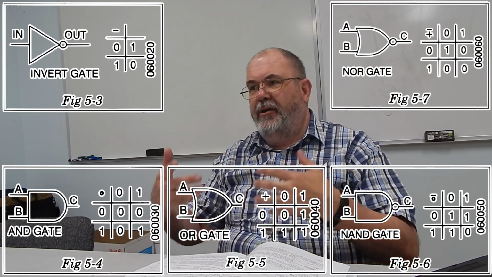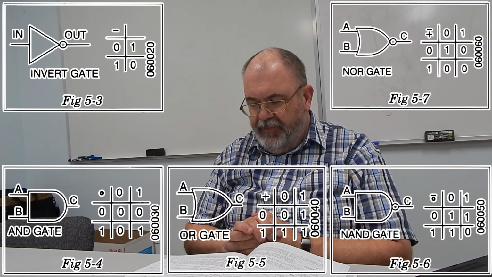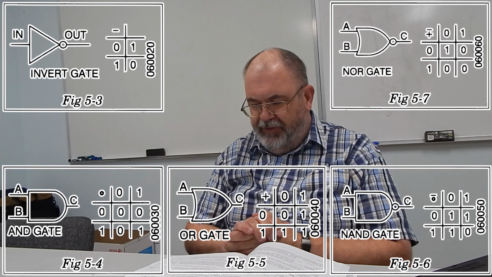In other words, A and B have to be high, or 1, for C to be 1. Makes sense? Both things have to meet the condition. What's the little diagram there on the right? That's called the truth table. Well, that truth table kind of sucks because they don't really have C listed in there.